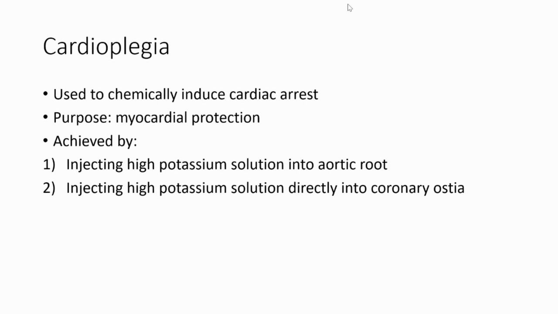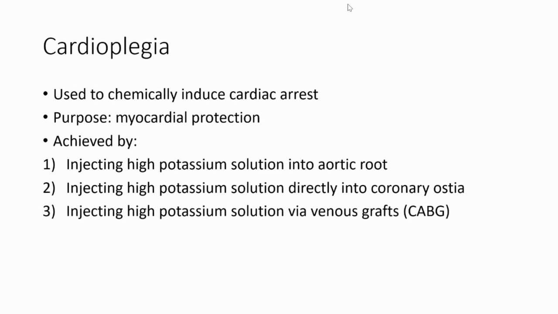Finally, when we're actually doing the operation to fix narrowed coronaries, we are literally grafting veins to those coronary arteries, right? So we make a small opening in the coronary artery just beyond the point of tightness and disease, and then we sew the venous conduit onto the healthy part of the artery just past the blockage.